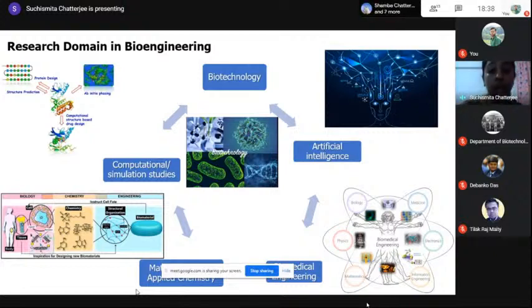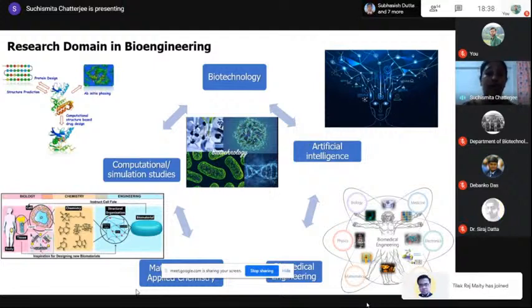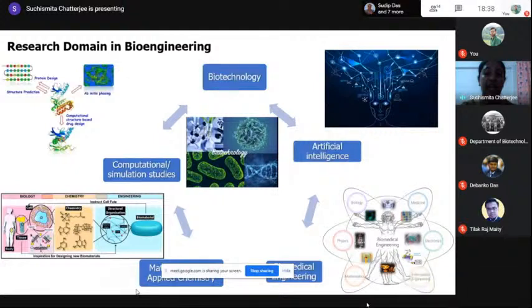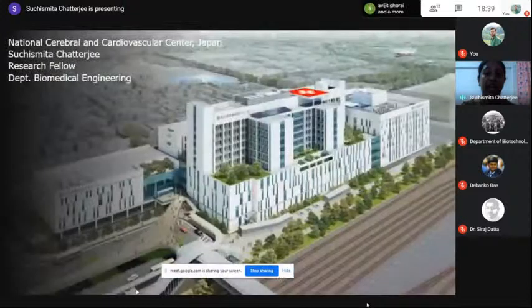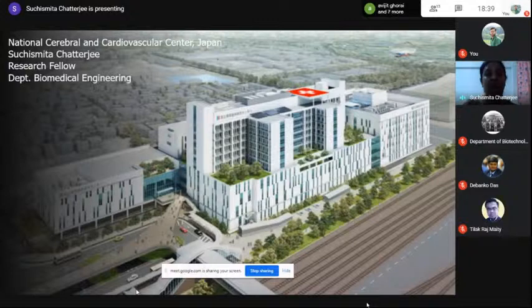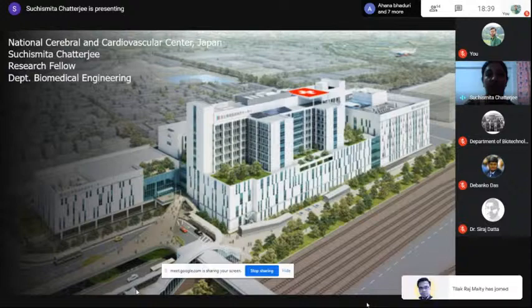So this also comes in, and we have already studied this when we performed our graduation in BTech and MTech biotechnology. So I think biotechnology is a very big and very important subject in bioengineering. Now, as my example, I am currently a research fellow at the National Cerebral and Cardiovascular Center, Japan.